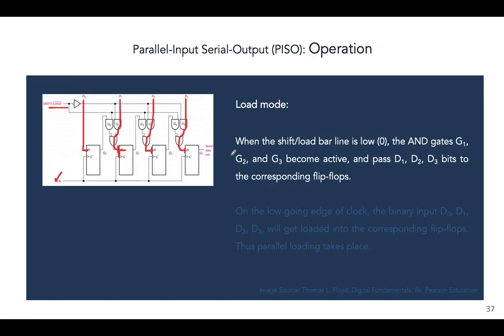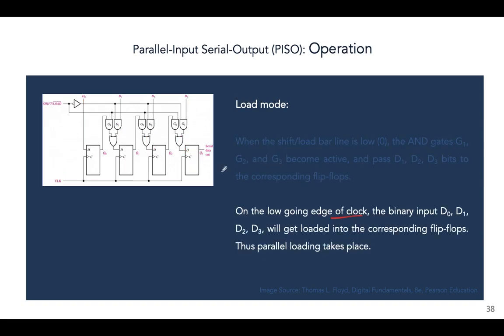The passage of the bits through this system is controlled by this line, but the actual loading of the bits that were waiting at the entrance point of the flip-flops, moving into the registers, is controlled by the clock.